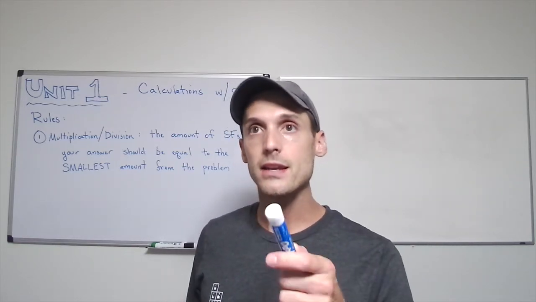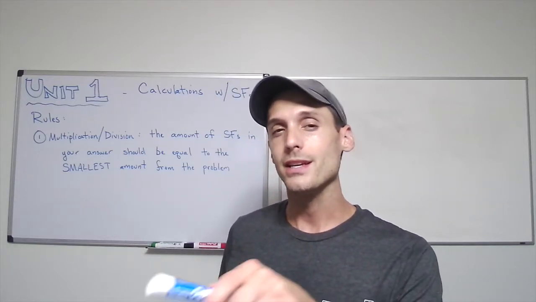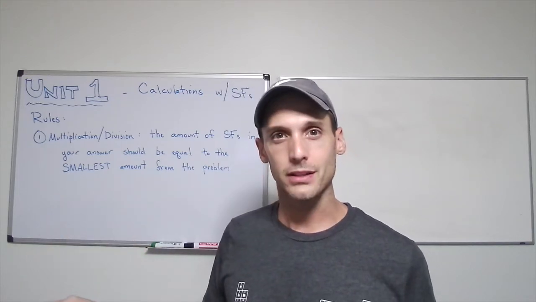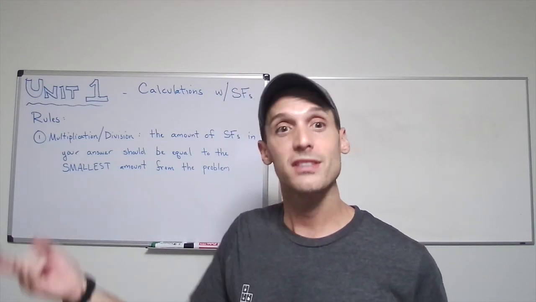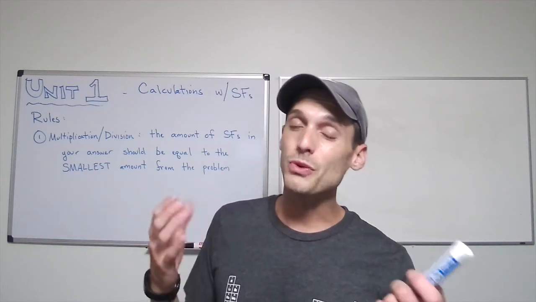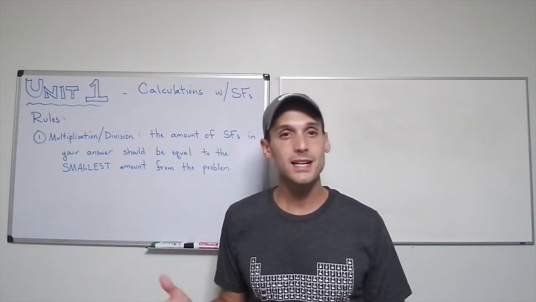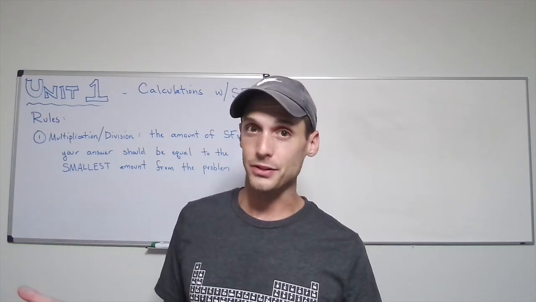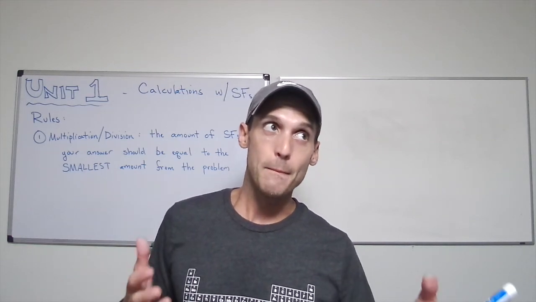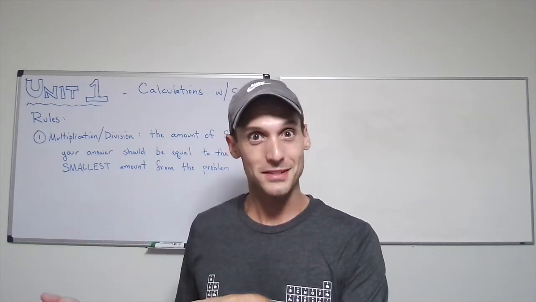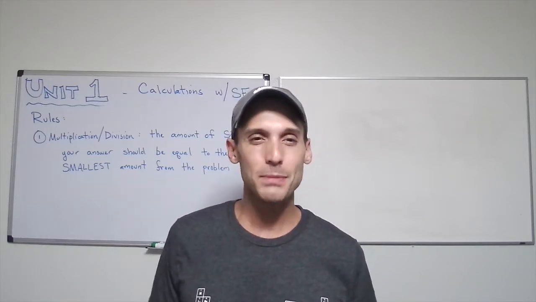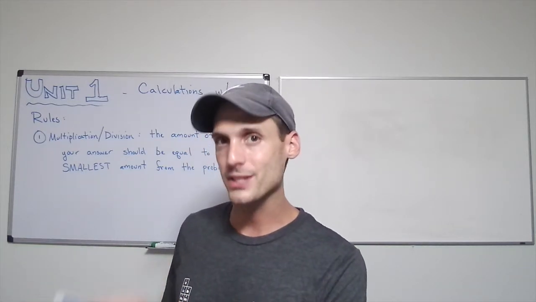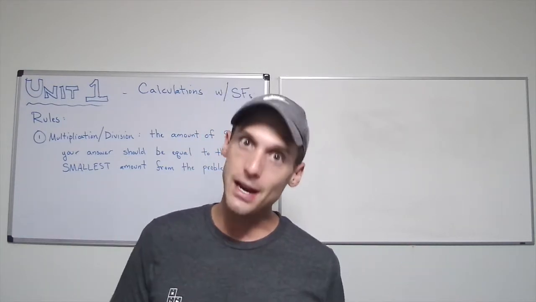So we cannot use a measurement in a calculation and then report the answer to that calculation with more precision than the original measurement. So we have to have rules dictating how many SigFigs our answers can have based on our original measurements. Okay? So it's a little complicated, but it's basically just because we cannot calculate a number that is more precise than the measurements we used to calculate.